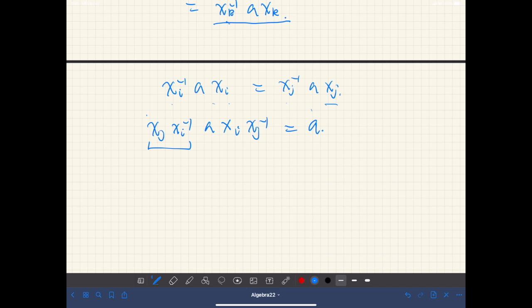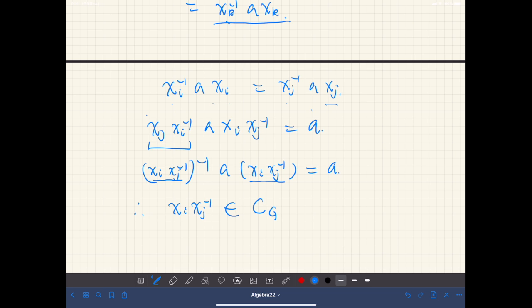But this part can be rewritten as (xi xj inverse) inverse a (xi xj inverse) equal to a. So this means xi xj inverse belongs to the centralizer of A.